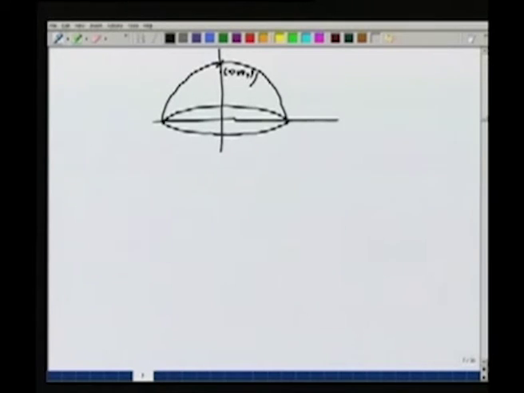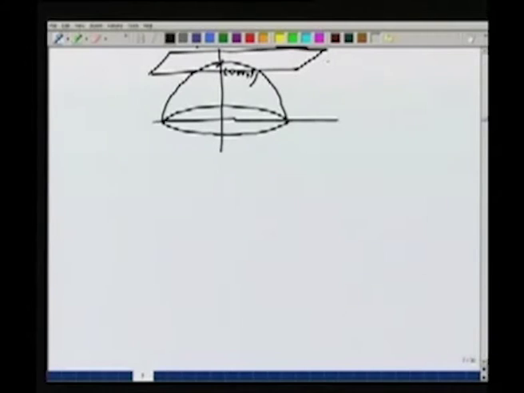You just put a postcard on the top. That is this plane. This should be the tangent plane to the sphere at the point (0, 0, 1), and the equation of this plane is just z equals 1, the plane parallel to the xy plane at height 1.